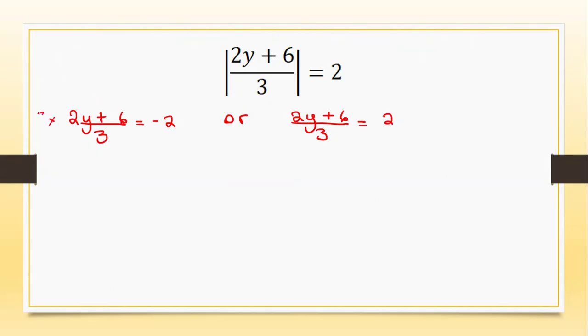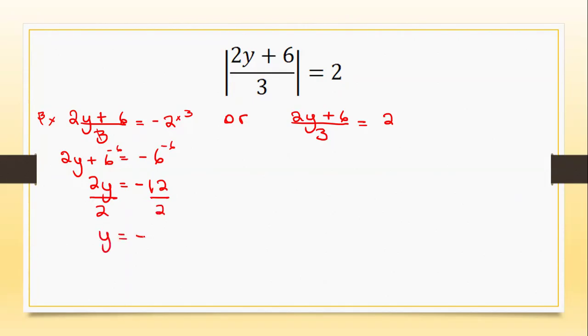Multiplying both sides by 3 to get rid of my denominator, I get 2y plus 6 is equal to negative 6. Subtracting 6 from both sides, I get 2y is equal to negative 12. Dividing both sides by 2, y is equal to negative 6.